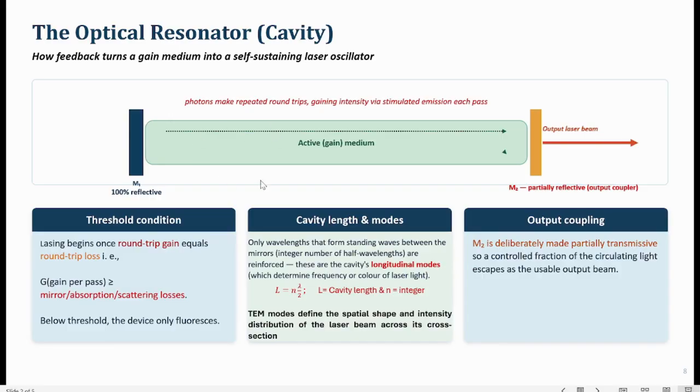So the gain of the number of photons which are multiplying in this cavity should always be greater than the losses in it, so that a sustained population inversion condition is established or achieved.